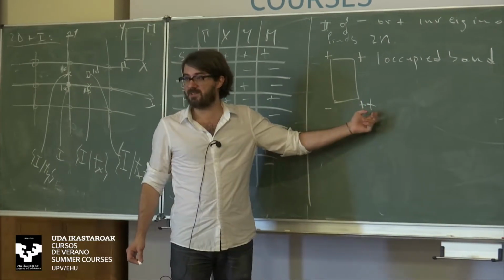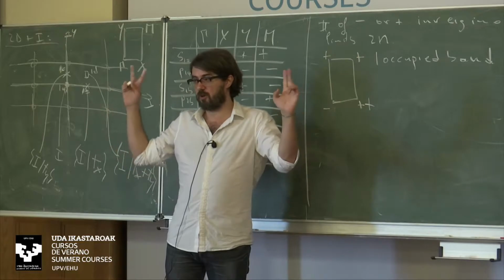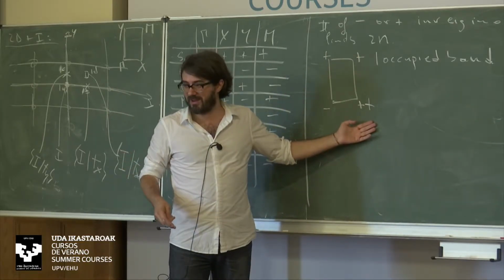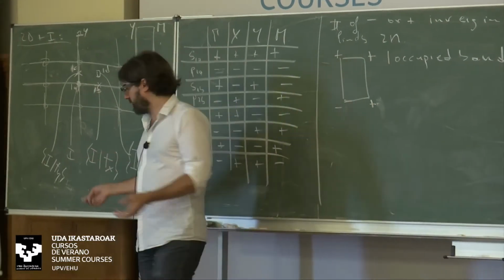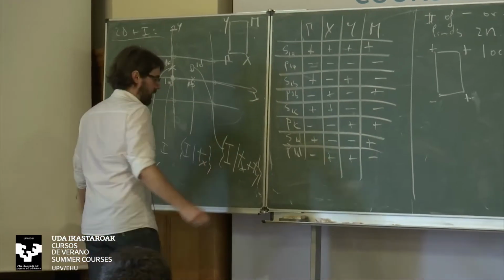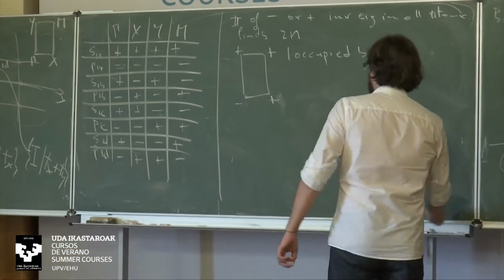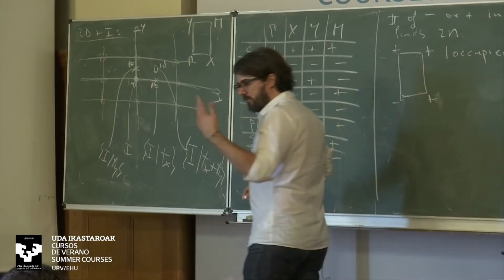Because that would mean I have 2 bands at this point and 1 band at this point. That's the simplest band that doesn't satisfy what are called compatibility relations, and it doesn't satisfy in a trivial way. But there are more non-trivial ways that I don't go into. You can check them, they're all tabulated because of the work of Moyes and Luis on the Bilbao crystallographic server. But this is an algorithm that you can just check.